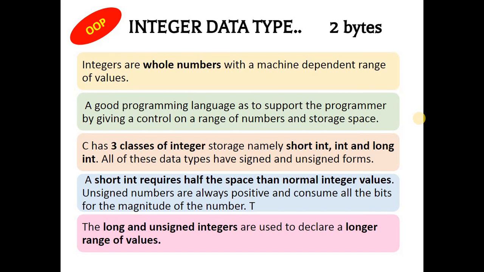The long and unsigned integers are used to declare a longer range of values than 2 bytes. So the integer data type depends upon the compiler. It can be 2 bytes or 4 bytes. As I already said, 16-bit or 32-bit machines take 2 bytes, whereas 64-bit machines nowadays take 4 bytes to store an integer variable.